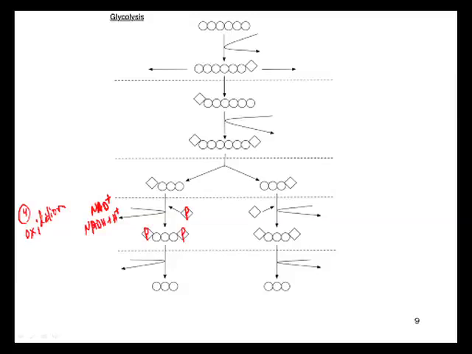What we're not seeing is the fact that the hydrogens and electrons came off of this molecule here. So we're oxidizing this to this. Same thing is happening over here to the other P-gal molecule.